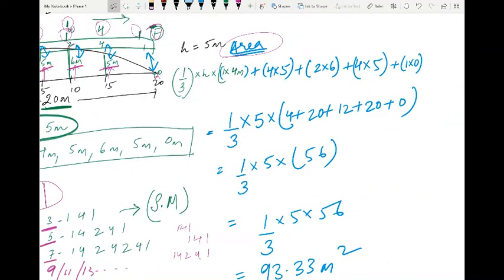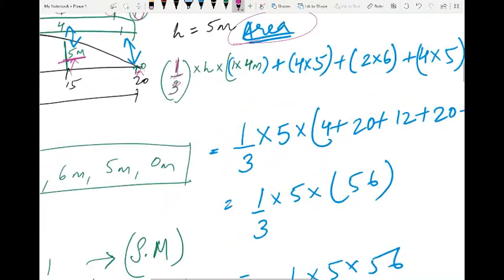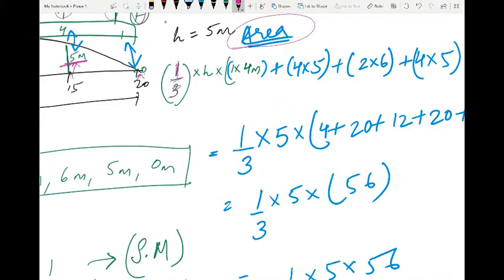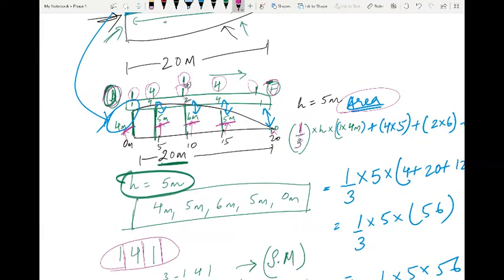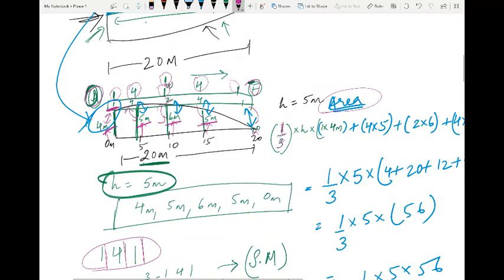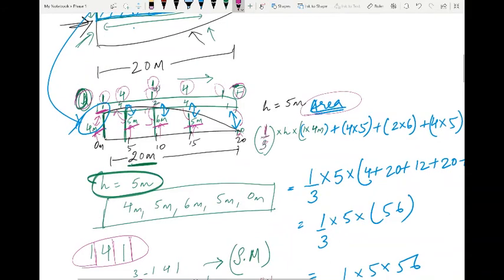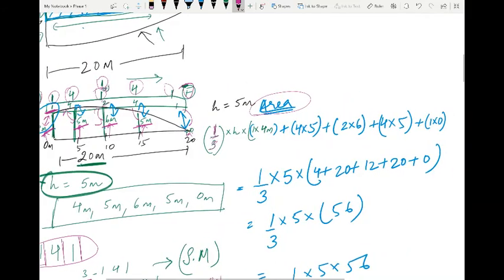To find out the area, you have a formula. For the first rule, you have a constant which is 1 by 3. 1 by 3 is your constant, into h, your common interval, which is 5. Then you multiply your Simpson's multiplier with your ordinate: 1 into 4, 4 into 5, 2 into 6, 4 into 5, and 1 into 0.